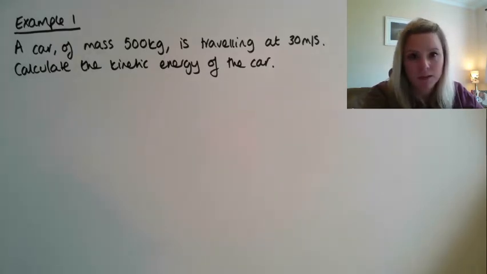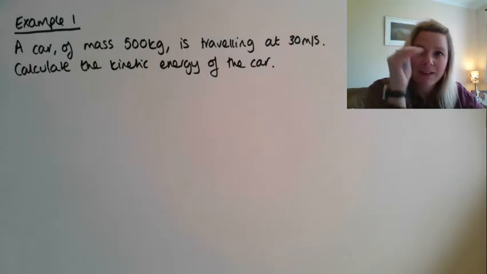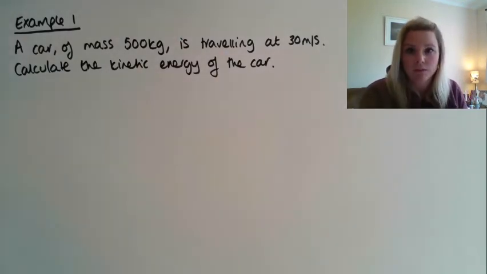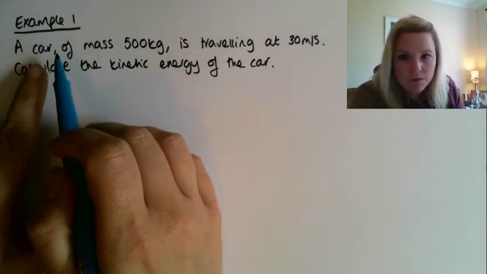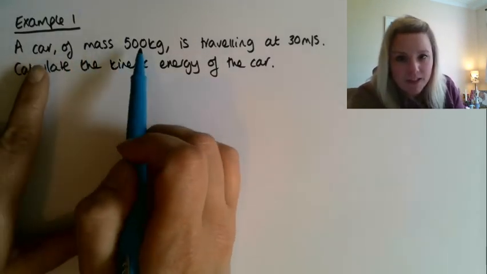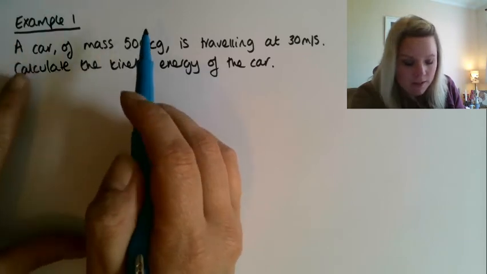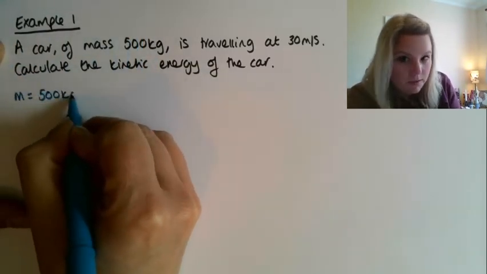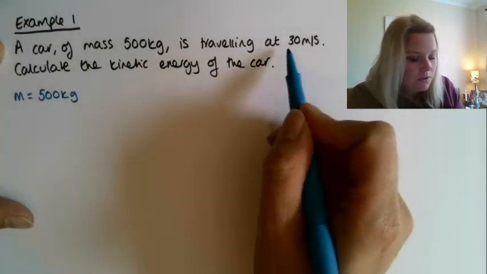Now, as we have been doing all year, whenever we start a calculation in physics, we always start by listing the information in the question. If we read through this, a car of mass 500 kilograms, so the mass is 500 kilograms, is traveling at 30 meters per second.